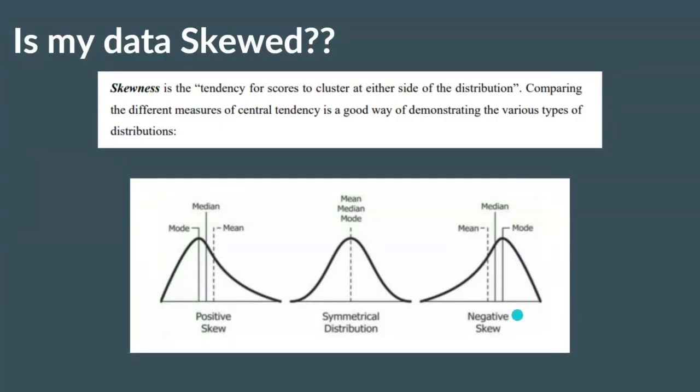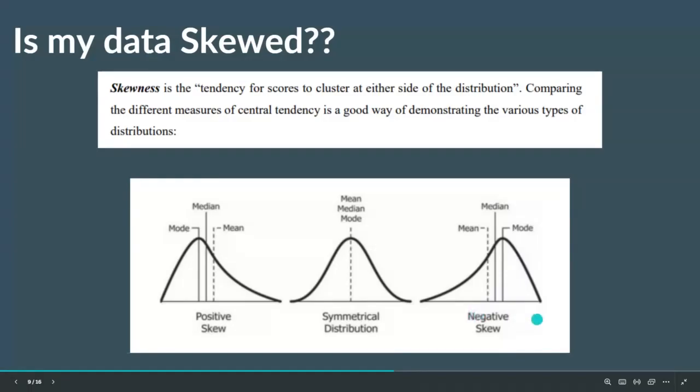And then the opposite of that is true for a negative skew or a skew to the left. Okay, this is just something to memorize, I guess, at the end of the day. But it is all about where the measures of central tendency, so the mean, median, and mode, where those fall.